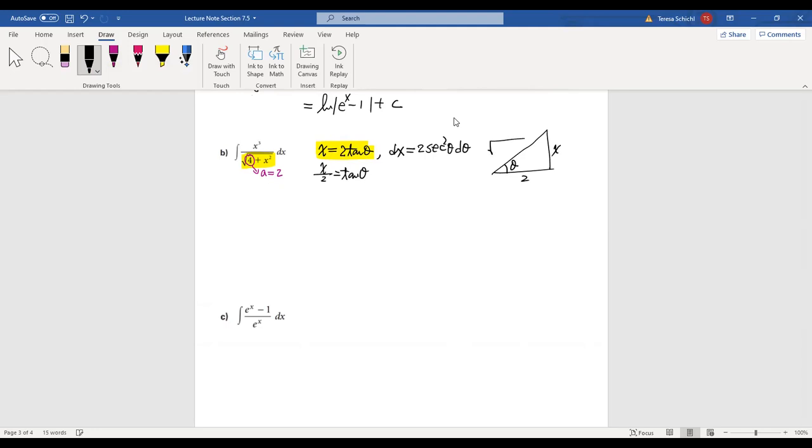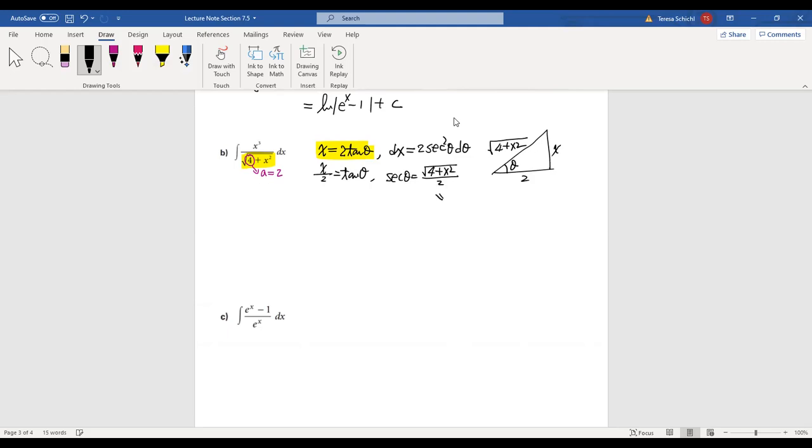So what is here? By the Pythagorean theorem, it is the square root of 4 plus x squared. Because we know tangent and secant are partners, I'm going to find the secant here. The secant theta, based on this triangle, will be the hypotenuse, the square root of 4 plus x squared, over 2.